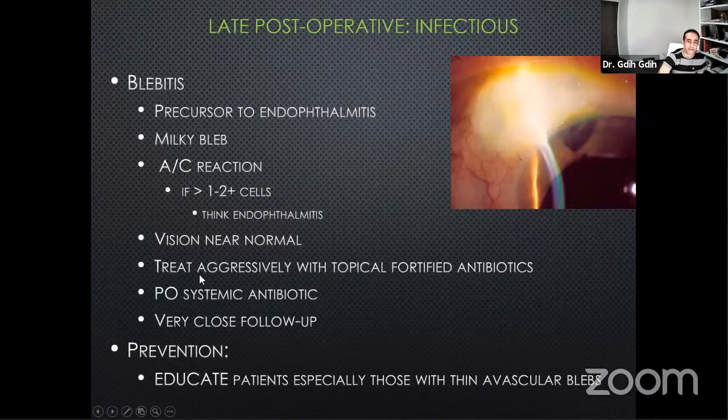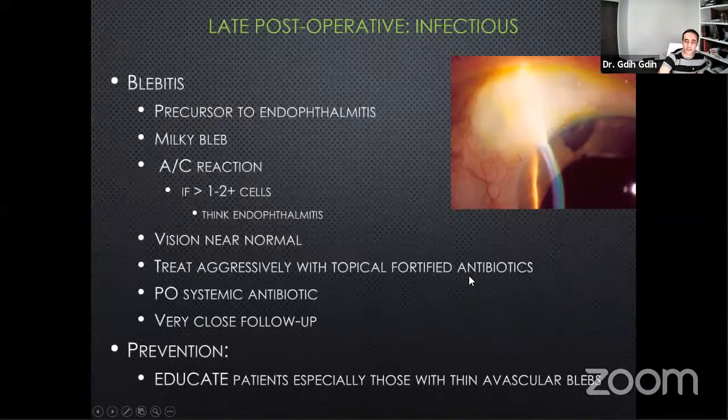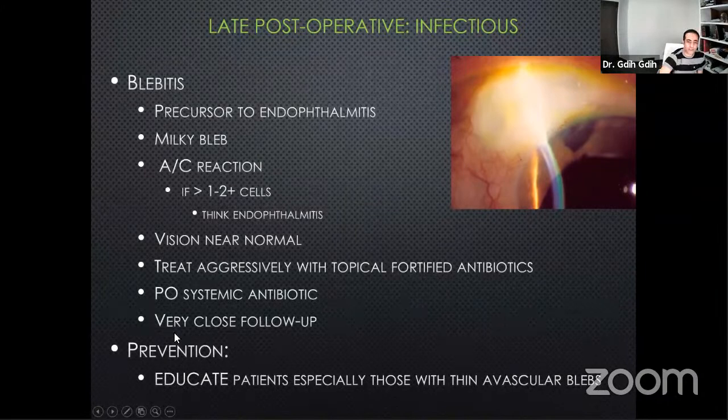Vision is near normal. Treat aggressively with topical fortified antibiotic. Systemic antibiotic can be considered, and very close follow-up. And educate the patient, if they have any sudden decrease in vision or increasing pain, to come back quickly and be looked after.